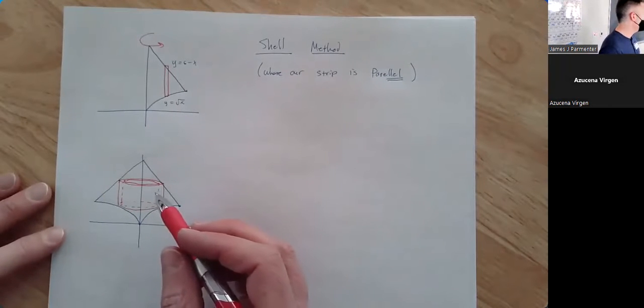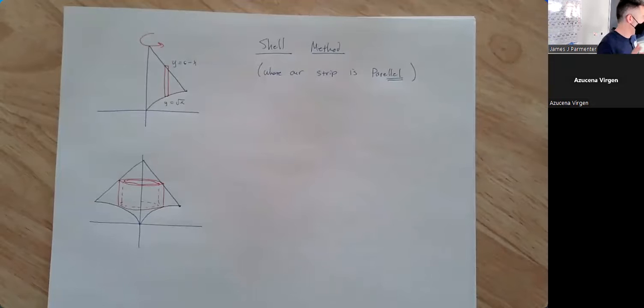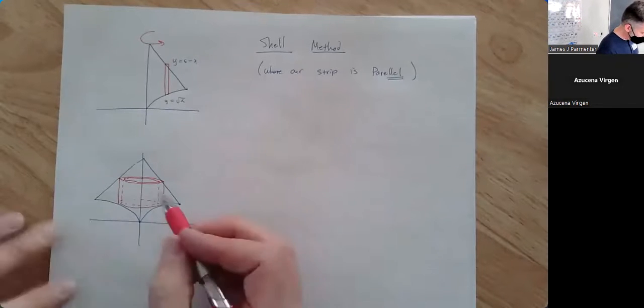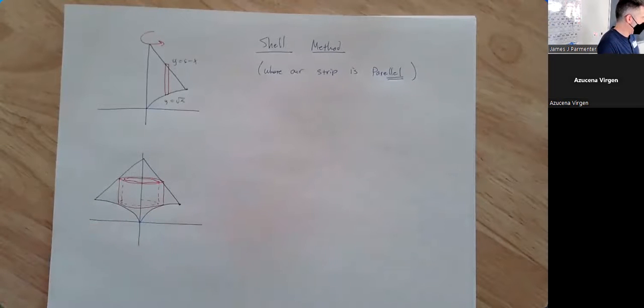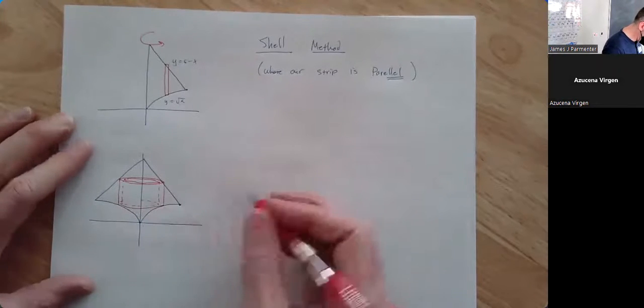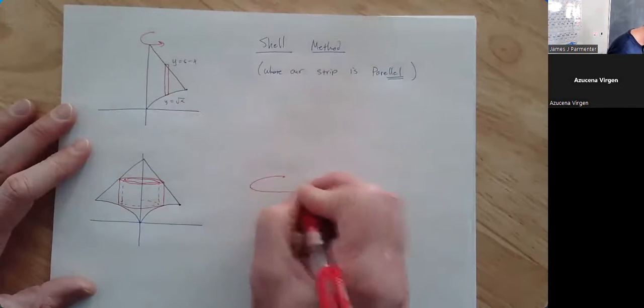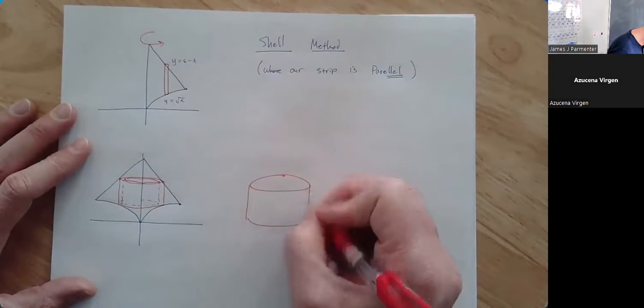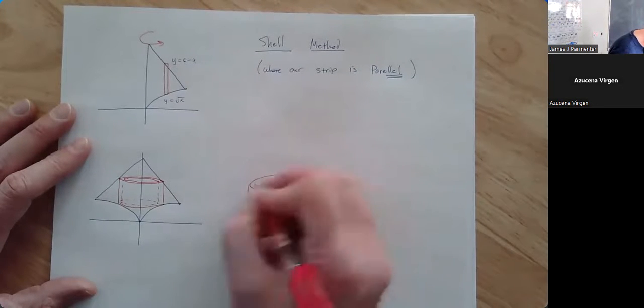Essentially, this is a very thin piece of paper, or a piece of paper with a little bit of thickness. And yeah, technically, if you unrolled this, the inner circumference is a little smaller than the outer circumference. We're going to ignore that. So let's say we took this shape, this cylindrical shell. Wow, that's not a great drawing.